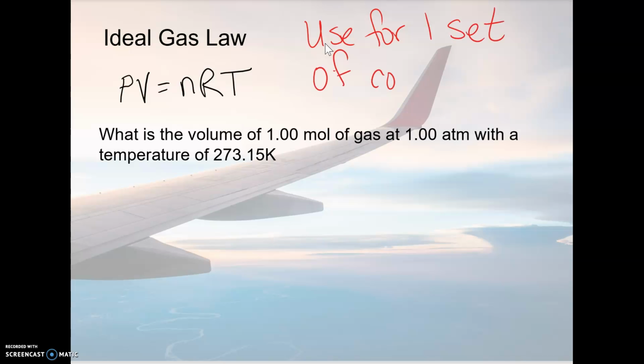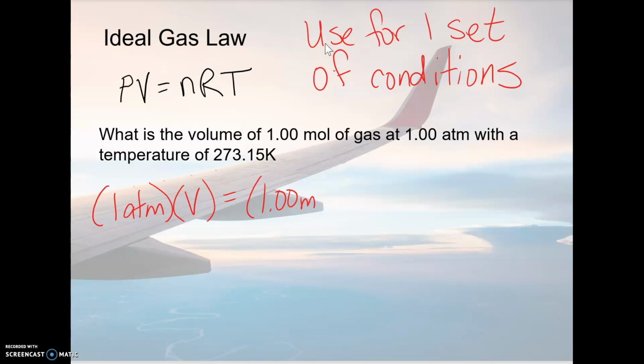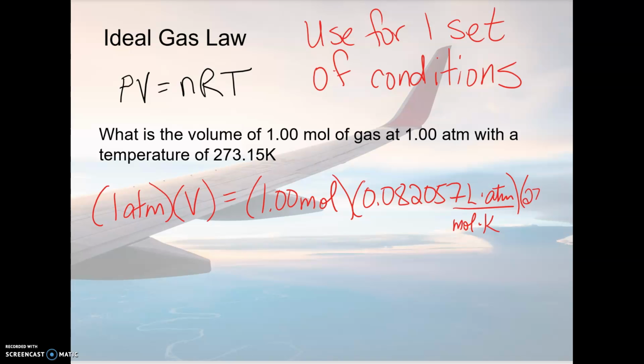I've got an example that's really kind of interesting: what is the volume? So we're going to solve for volume. Now, I could rearrange this equation to get volume by itself, but I usually just leave it as PV equals nRT. So I have 1 mole, that's my N. I have 1 atmosphere, that's my P. So 1 atmosphere times V, that's what we're solving for, equals 1.00 mole times R, 0.082057 liters times atmospheres over mole times Kelvin, and our temperature here is 273.15 Kelvin.